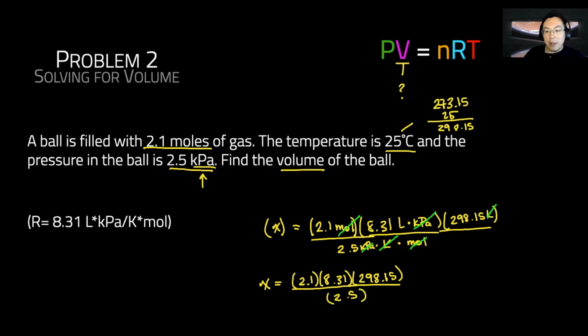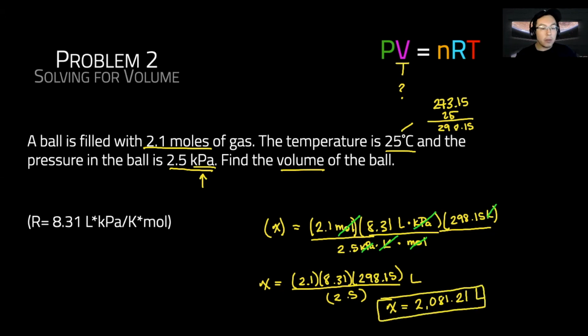All of this at the end, you will have the unit of liters here, right? So at the end, your answer should be 2081.21 liters, right? Again, careful with the parentheses, the order of operations, be sure that you're setting this up correctly.